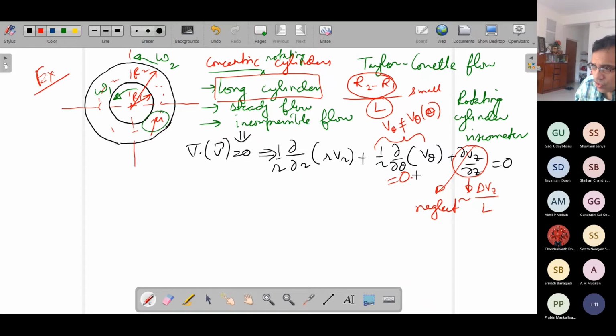So if that be the case, then we are left with d by dR of R VR equal to 0.